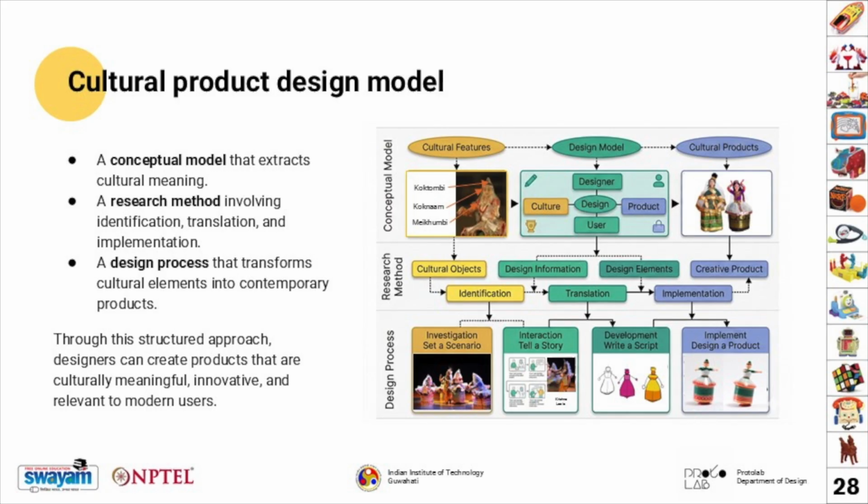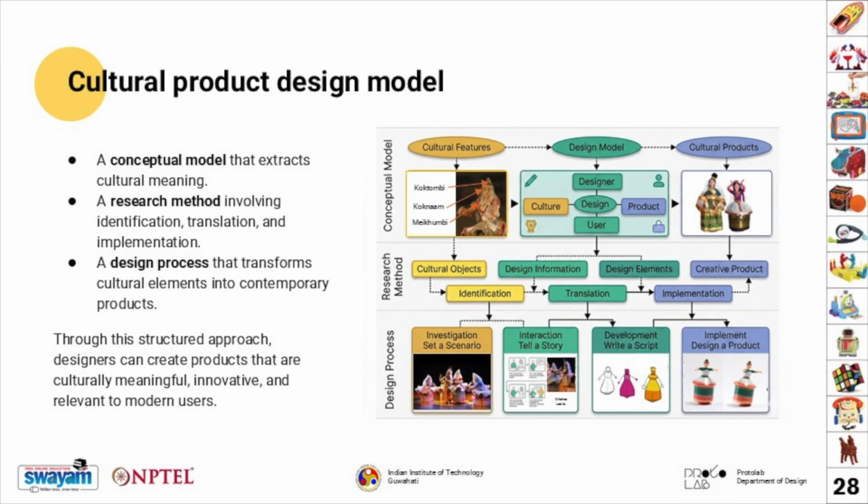The conceptual model focuses on understanding culture as a source of design inspiration. It begins with cultural objects such as artifacts, crafts, symbols, rituals, architecture, folklore, or traditional practices. The aim is to identify meaningful cultural features embedded in these objects.